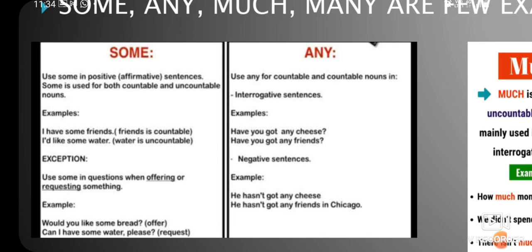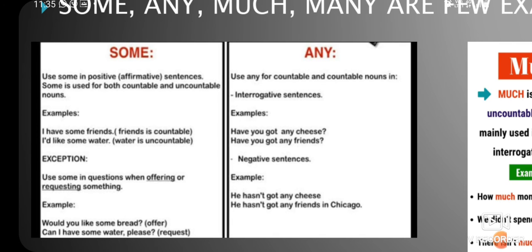Now I told you children that some is generally used in affirmative sentences, but sometimes you have exceptions. If you are offering something to someone, or if you are requesting something from someone, then also you will use some. Would you like some bread? So you are offering the bread.